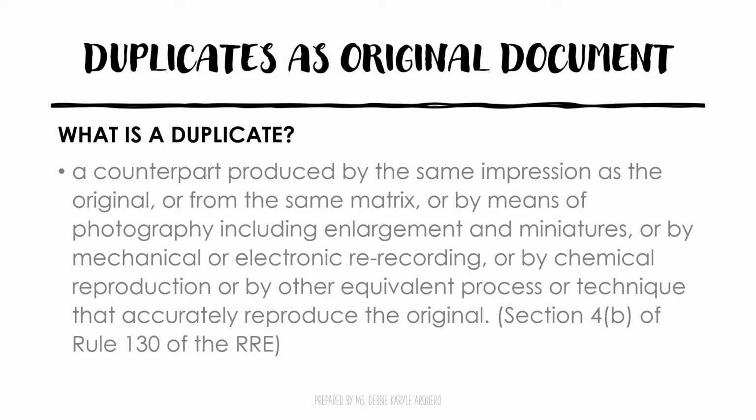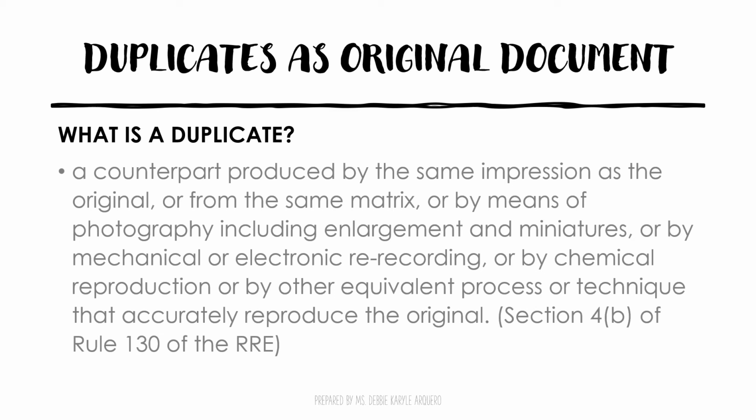Okay, under the original rule. So, gagamitin na natin yung bagong term ng best evidence rule ngayon, that is the original rule. So, if a duplicate is considered as an original document, for example, yung photograph ni Juan at Maria, okay, photocopy.